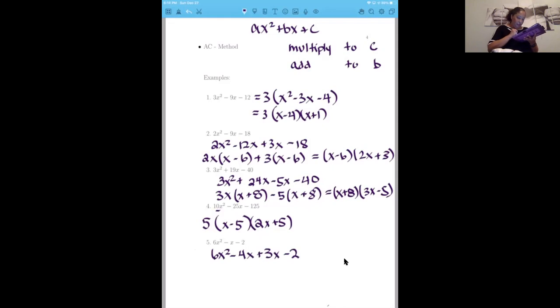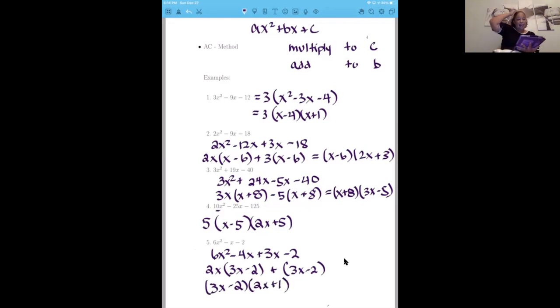In the first two terms, I have a 2x in common. If I factor that out, I get a 3x minus 2. The third and fourth terms don't have anything in common, but I'm going to factor out the 3x minus 2, and I get a 2x plus 1.